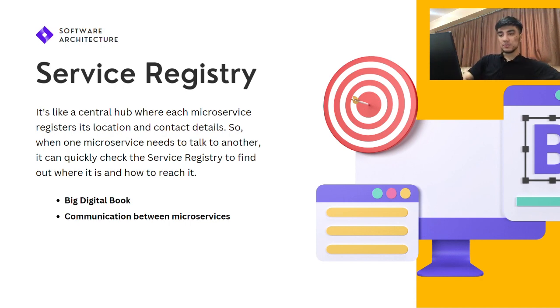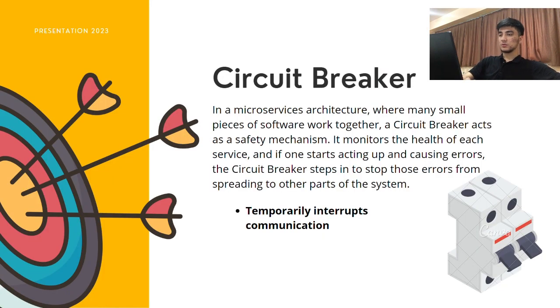Next, we'll talk about the circuit breaker pattern, one of the most popular and widely used design patterns in microservice architecture. Imagine you are playing a game with your friends and suddenly someone spills a drink on the table, causing chaos. To prevent the mess from spreading and ruining the entire game, you quickly put a barrier to contain it.